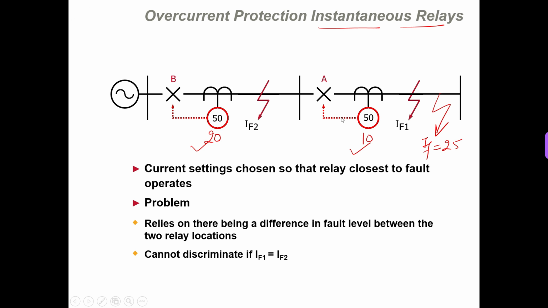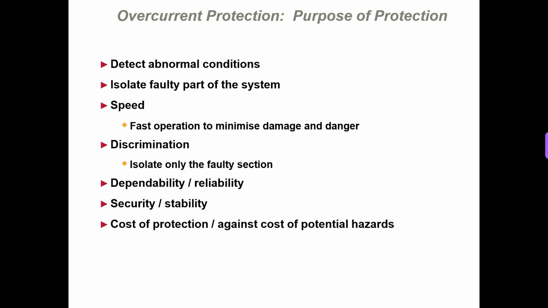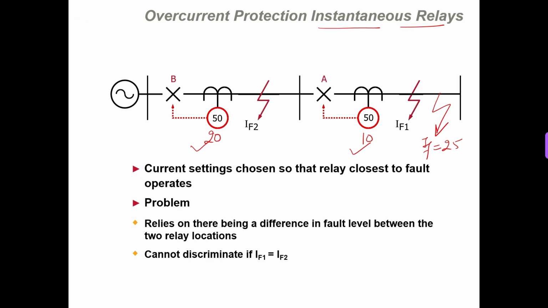Basically, whenever the magnitudes of IF2 and IF1 are comparable, or whenever IF1 and IF2 are equal, then we cannot coordinate using instantaneous relays because it will trip all the sections. So this requirement that we are discussing here, that it should isolate only the faulty section, is not met.